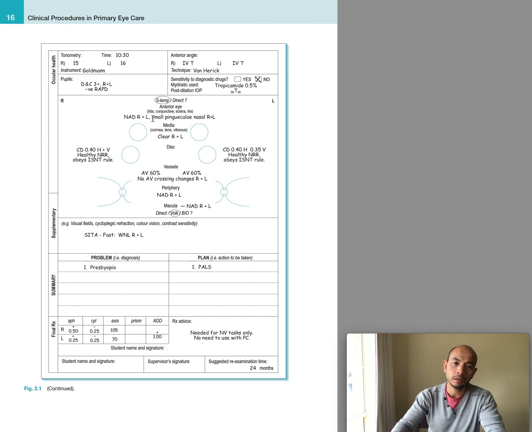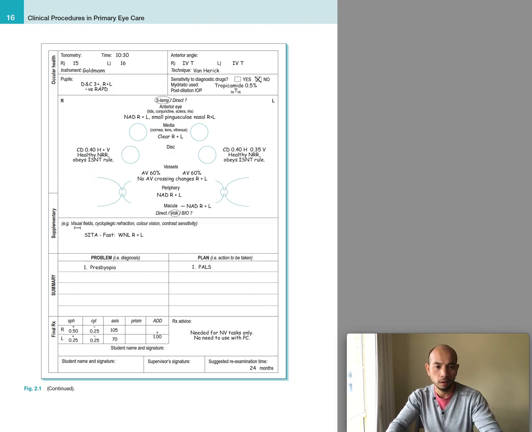Say there's a little bit of a small pink lesion in the nasal area, right and left, and the CD ratios are healthy. CD ratios are within normal, healthy neural rim as well. And any supplementary tests, visual field, and a summary of your findings, what the problem is, the diagnosis.